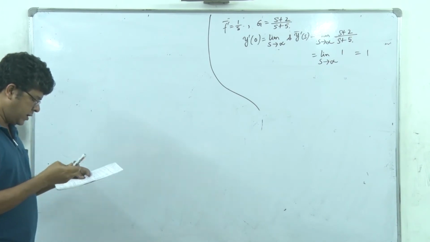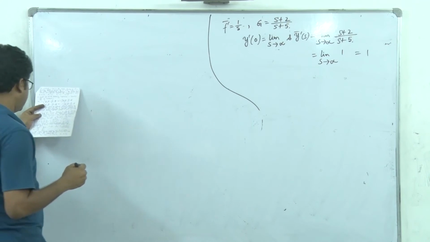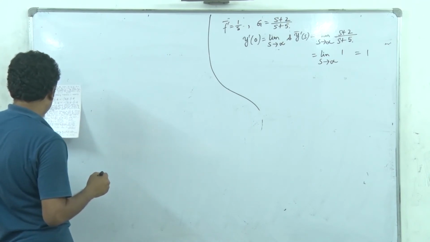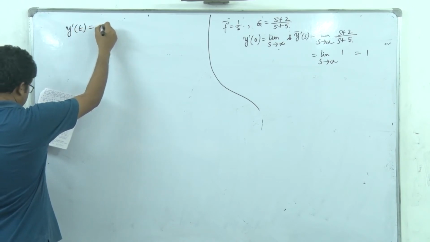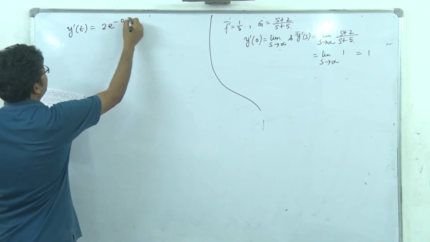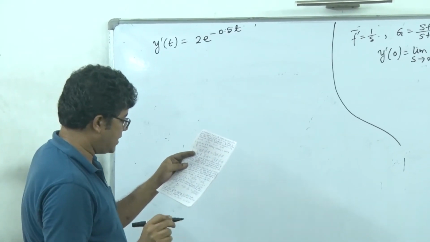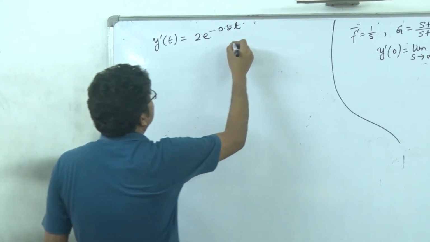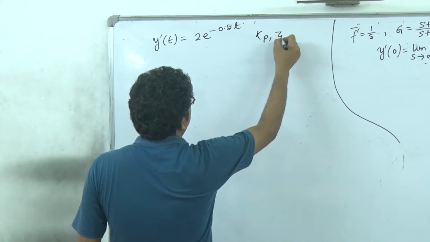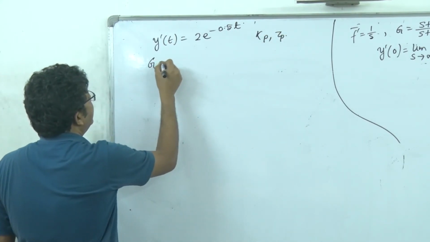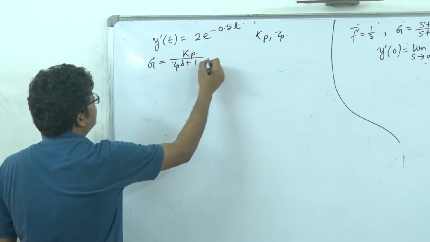Okay, a unit impulse response of a first order process is given. So y prime t is given as 2 into e to the power minus 0.5 t. The gain and time constant of the process are. So it is first order, so you have to find Kp and tau p. So for the first order we know Kp divided by tau p s plus 1 is the transfer function.